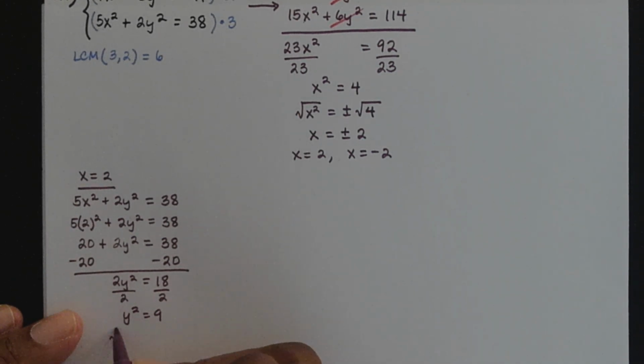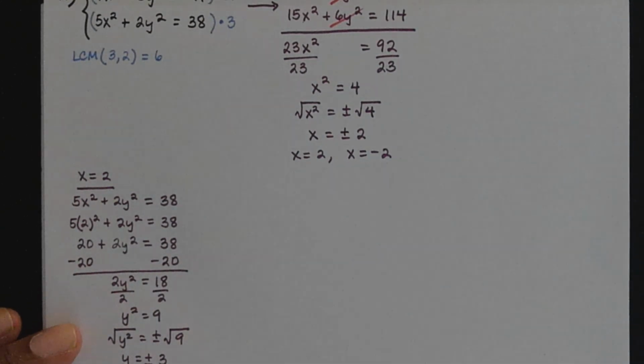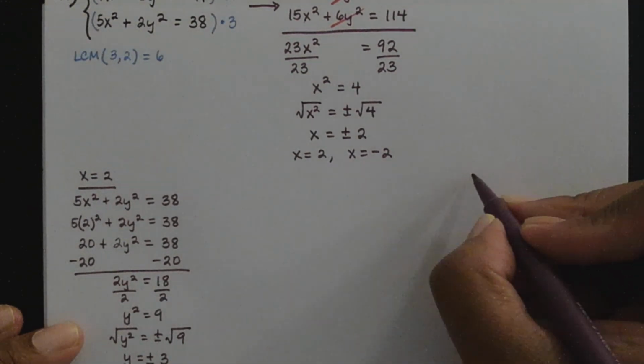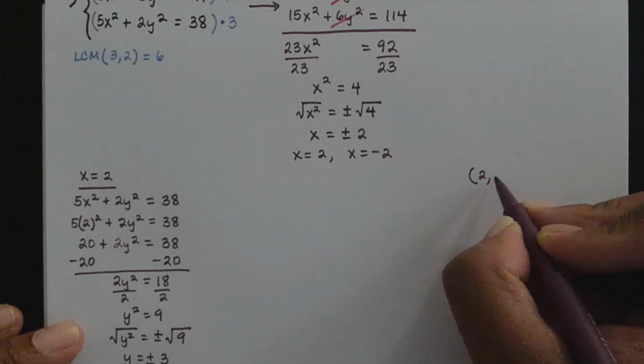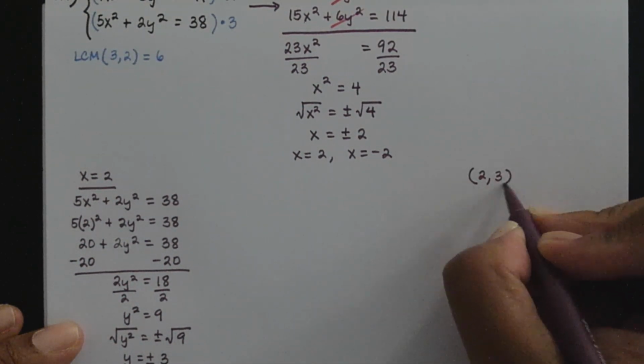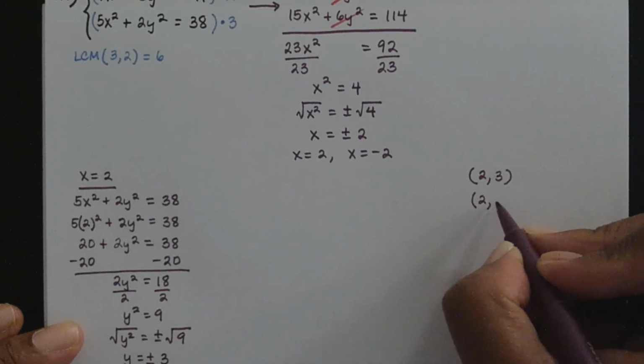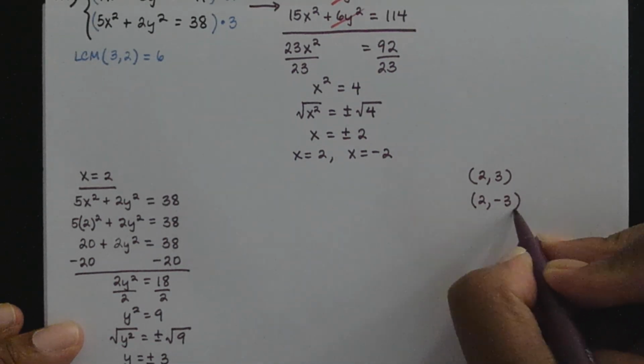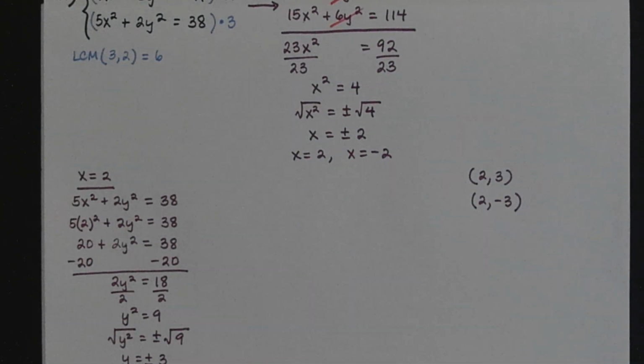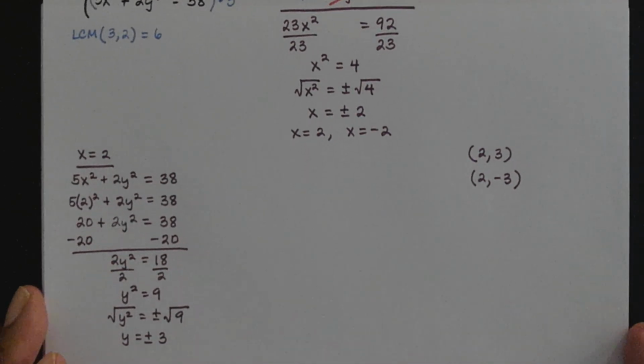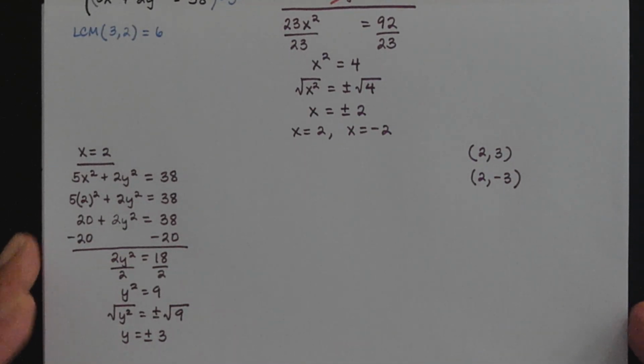And then the opposite of squaring something will be to take the square root and include the plus or minus symbol. So y would be equal to plus or minus 3. So for x equals 2, I have y is equal to 3, and also for x equals 2, I have negative 3. So here I got two of my ordered pairs, 2, 3, and 2, negative 3.